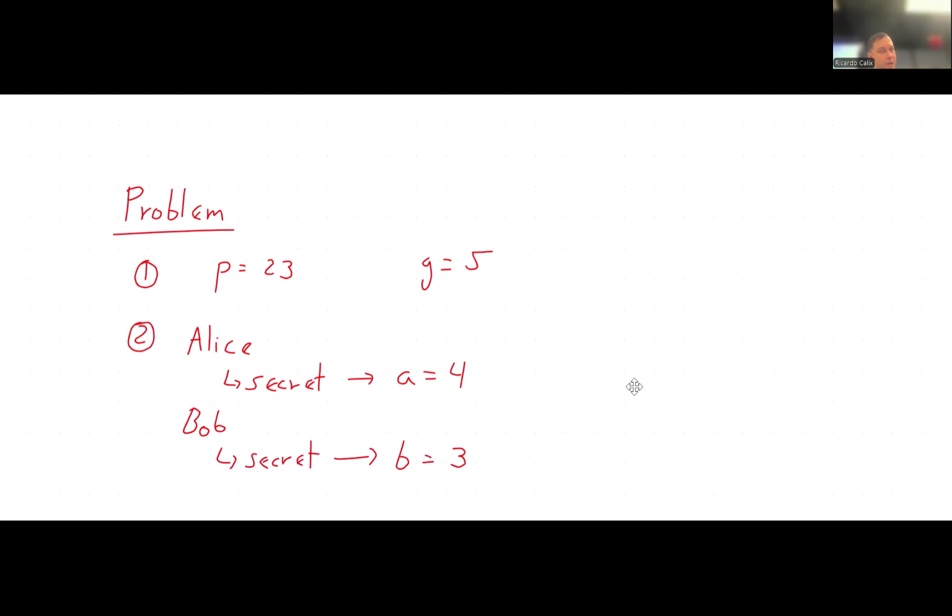All right. Now that we have this, step 3. Now you're going to calculate the parameters. So this is going to be Alice.